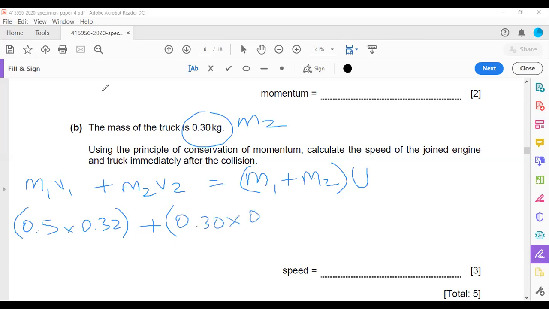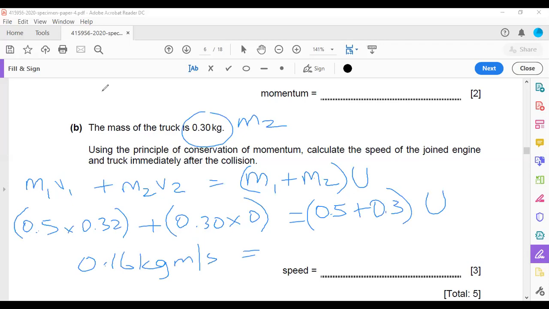Remember, it was stationary, so 0, equals 0.5, the mass of the first one, plus the mass of the second one, multiplied by U. Anything multiplied by 0 is 0, so when we work on this, we get 0.16 kilogram meter per second equals, when you add 0.5 and 0.3, 0.8 kilogram, multiplied by U.